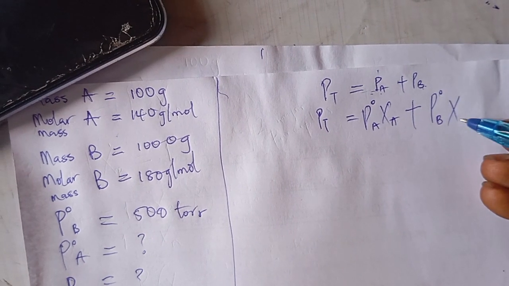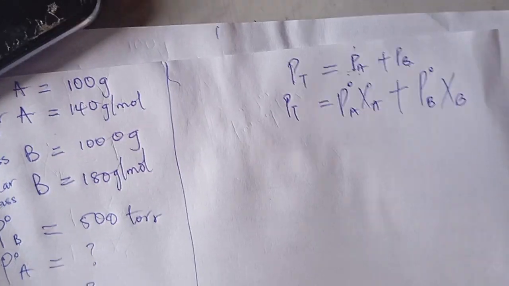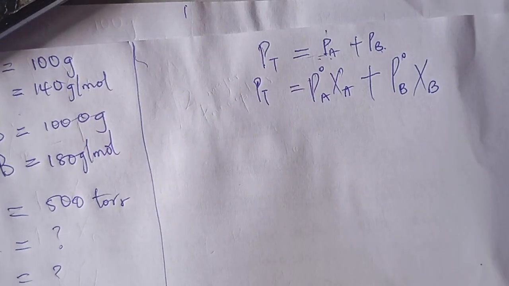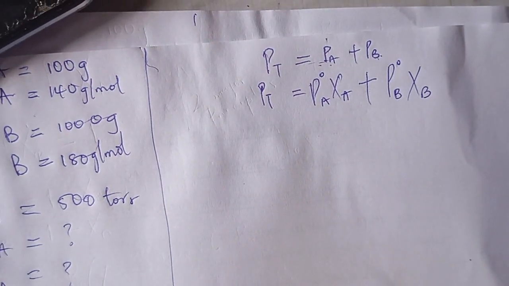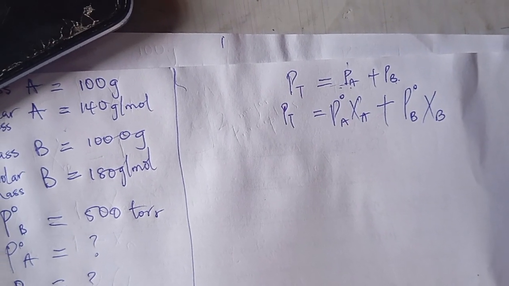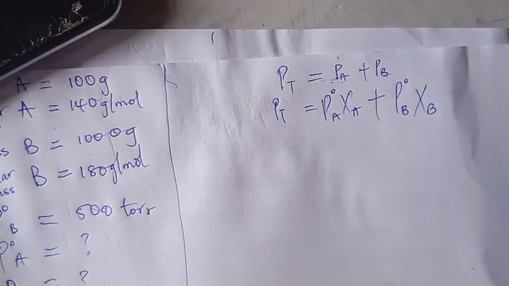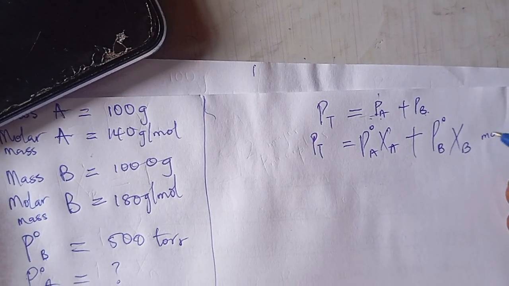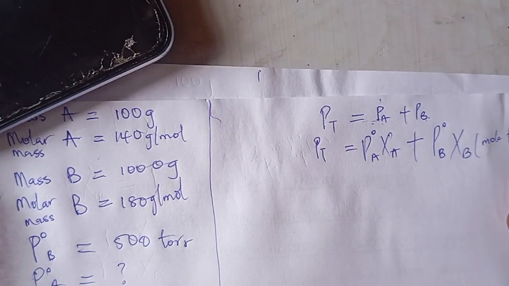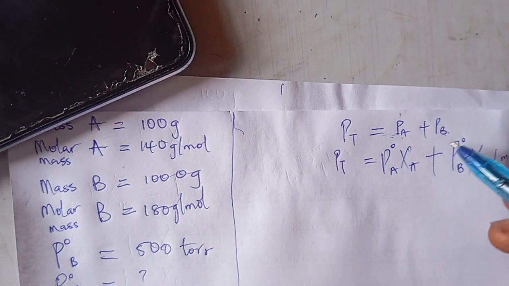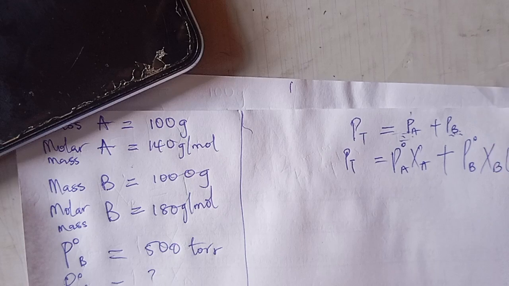So if I apply Raoult's law, this is also equal to this. This is a case where mole fraction is given. It's easy. This is a case where I'm given the partial pressures, I just sum them up.